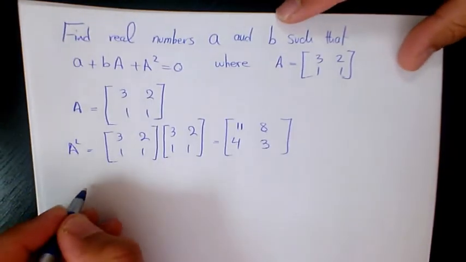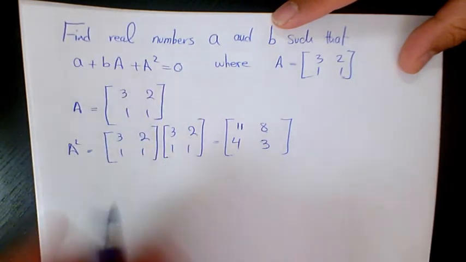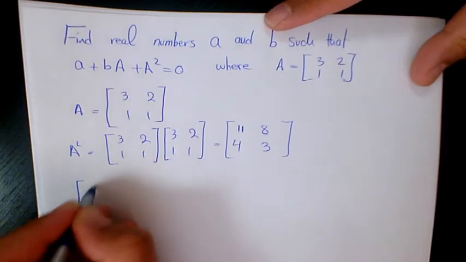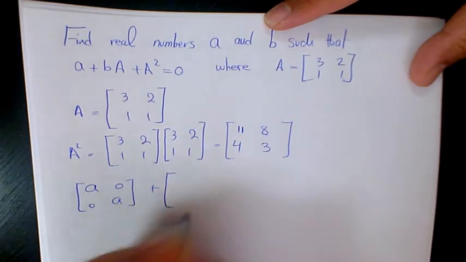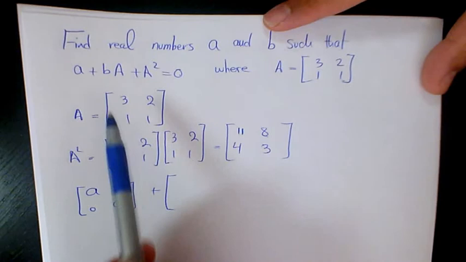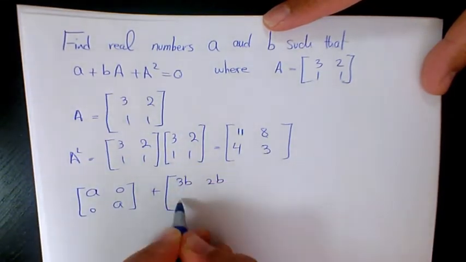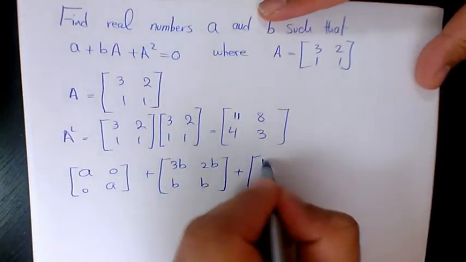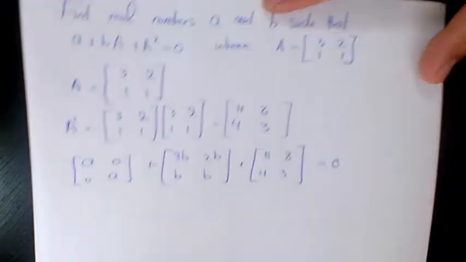So we can say, since they need to have the same dimension, a, which is a number, is going to be times the identity matrix, plus b times A, which is you multiply b by all the elements in here, 3b, 2b, 1b, 1b, plus A squared, which is 11, 8, 4, and 3, equals 0.